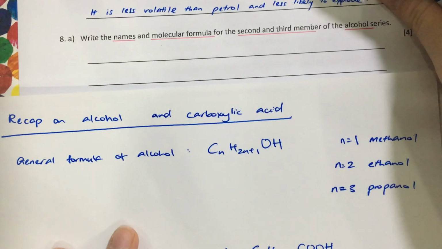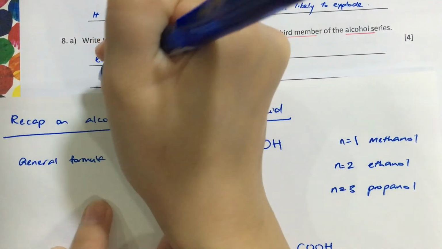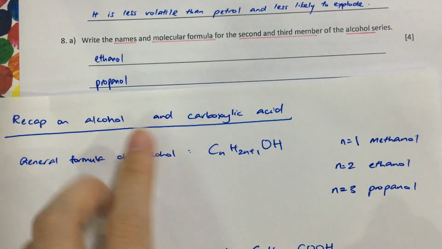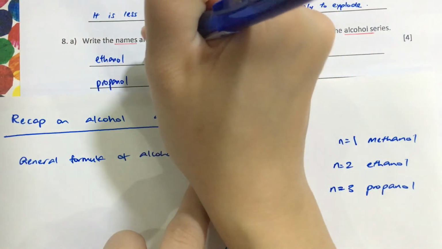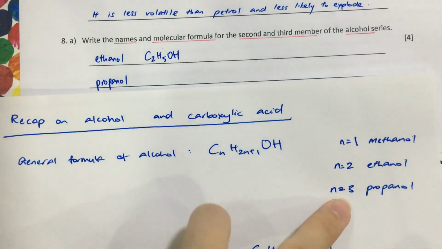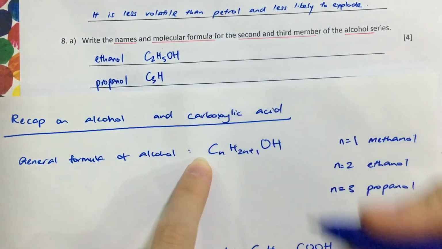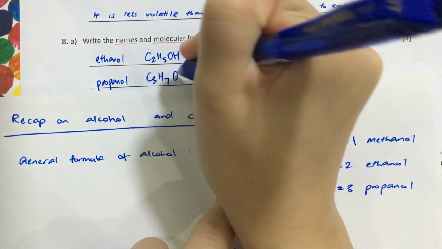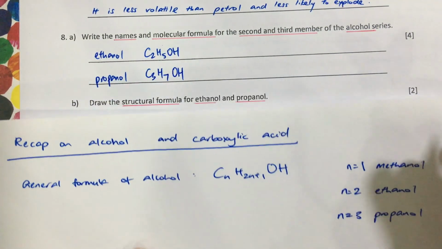So first of all, let's write ethanol first, and then let's write propanol. It's my second and third members. So ethanol is n equals 2, so C2H5OH. Propanol is n equals 3, so C3H, 3 times 2, 6, 6 plus 1, 7, OH. Okay, so this is the name, this is the molecular formula.